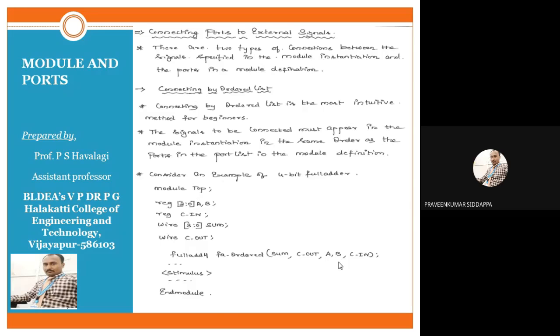In this concept, external signals can be connected to the ports in two types. The first type is connecting by ordered list, and the other is connecting by names. By using these two types, we connect our ports to external signals.